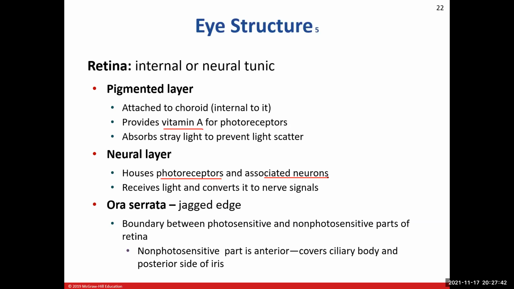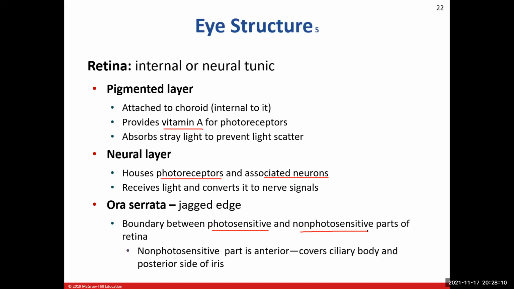As we move towards the anterior portion of the posterior chamber there, we have a structure there called the ora serrata. Obviously, serrata is like a serrated edge. So this is the jagged edge here. And this is where we're going to start to transition between areas of the retina that have photoreceptors and areas that do not.